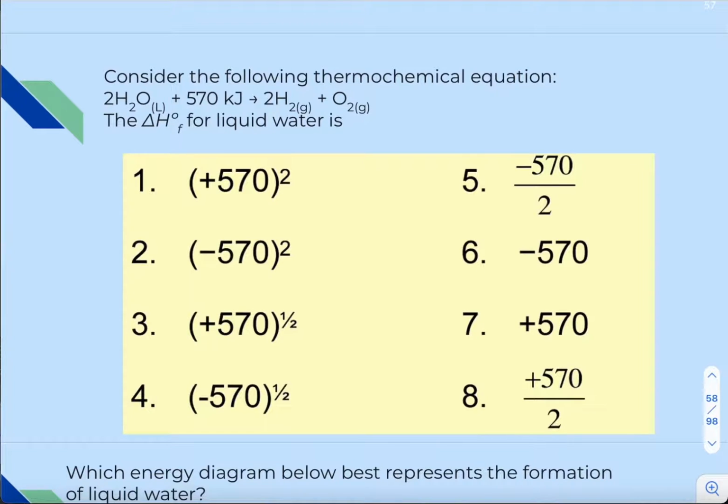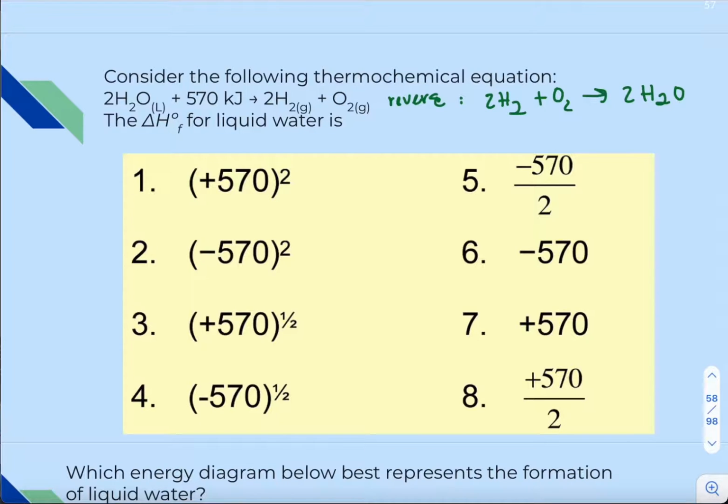All right. Following the thermochemical equation, the delta HF for liquid water would be the opposite. All right, so this is a decomposition reaction. If we reverse it, we get the formation reaction.